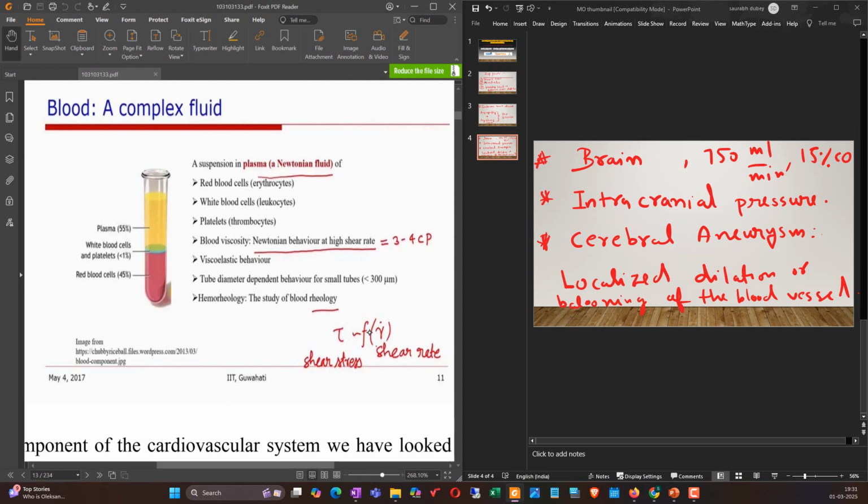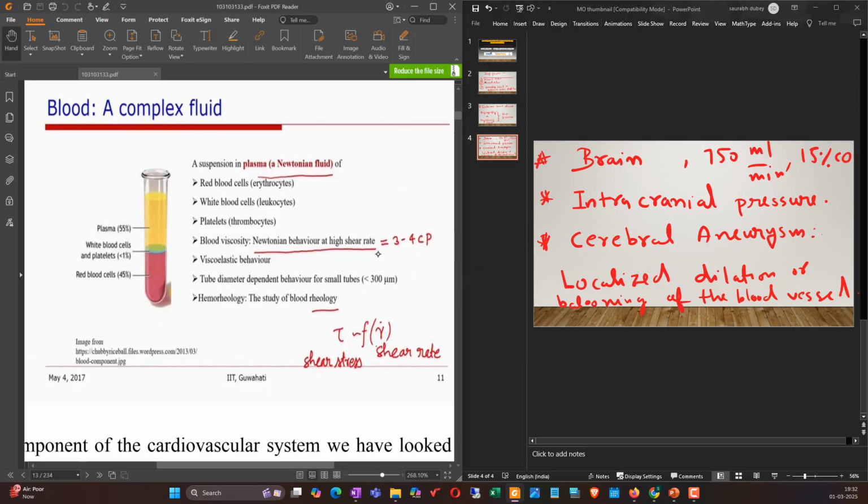So these names are also important. Maybe you will get a bit confused, but please remember this. White blood cells are leukocytes, and platelets are what? Thrombocytes.